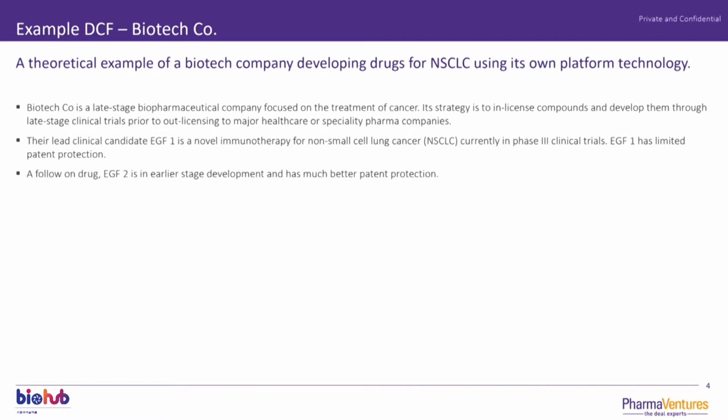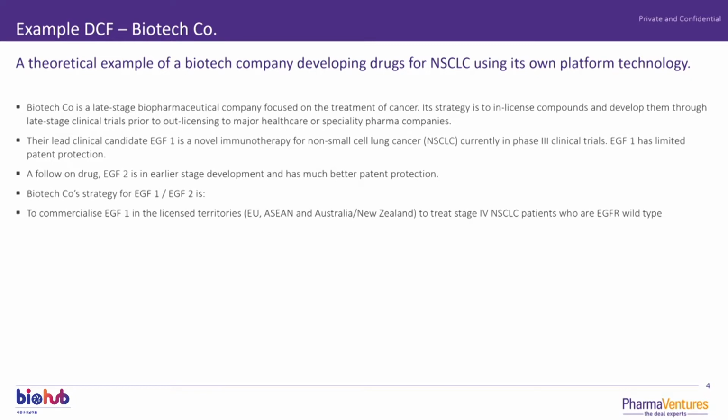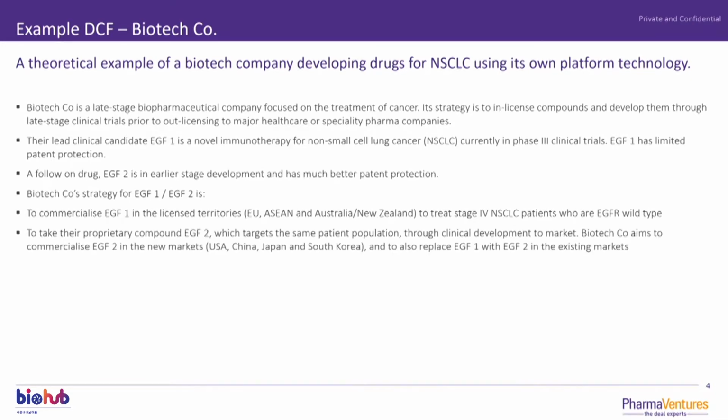But the company has a platform technology where it's developing another drug, EGF-2, much earlier, but with very long patent protection. Their strategy for EGF-1 and EGF-2 is, because it's late stage, to commercialize EGF-1 in the licensed territories, Europe, Asia, Australia, New Zealand, not the USA, and treat stage 4 patients who are EGFR wild type.